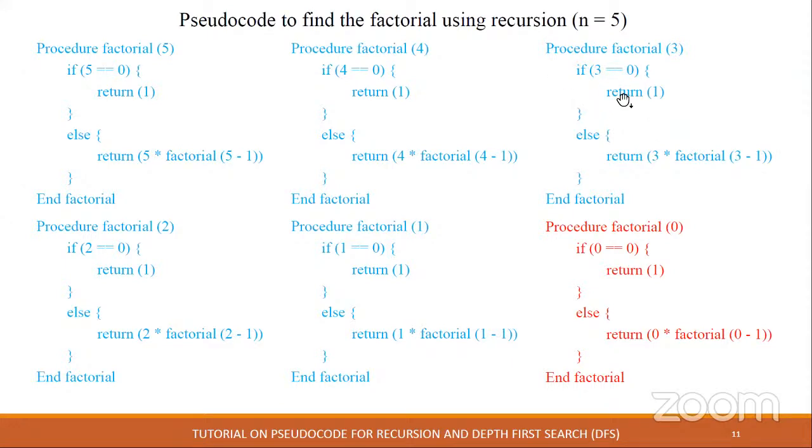In any code, if it is not entering the base condition, then it will be an infinite loop. That is why we have to be very careful while writing a recursive procedure, because a recursive procedure can very easily result in an infinite loop.